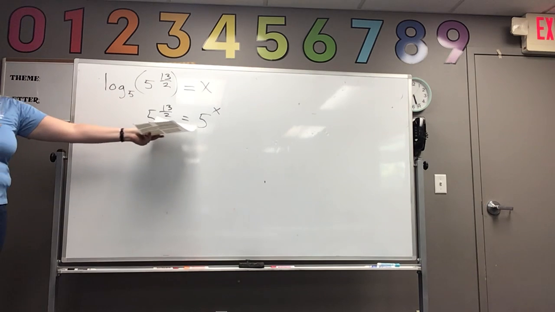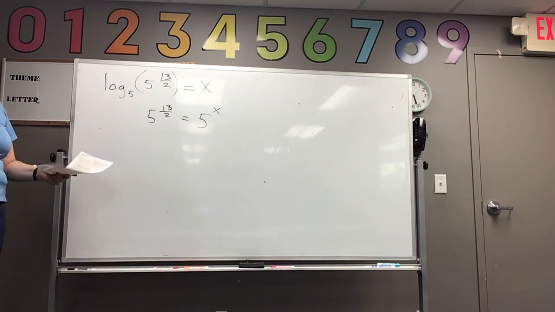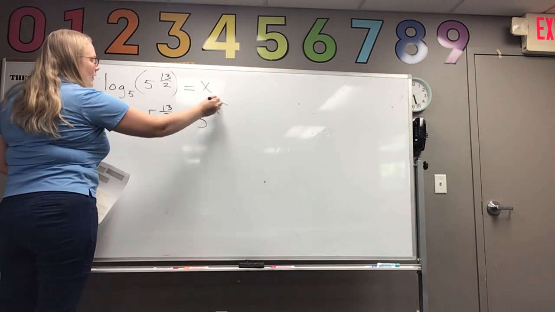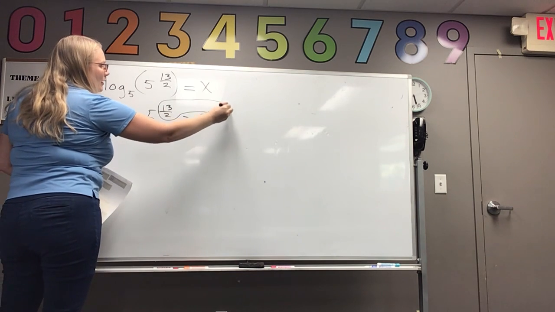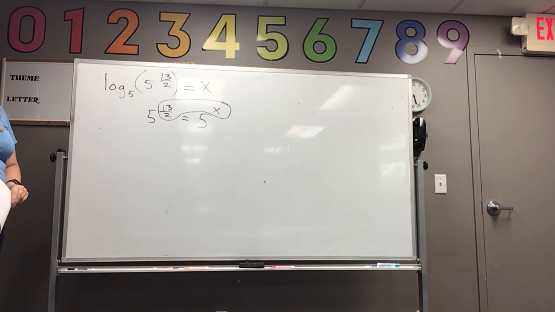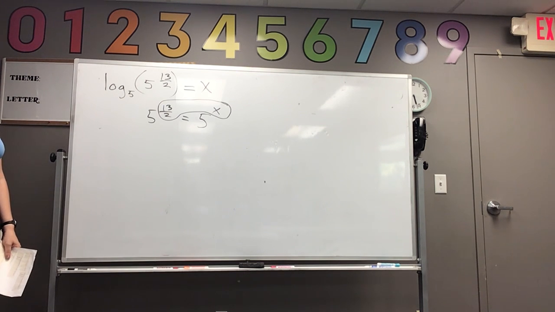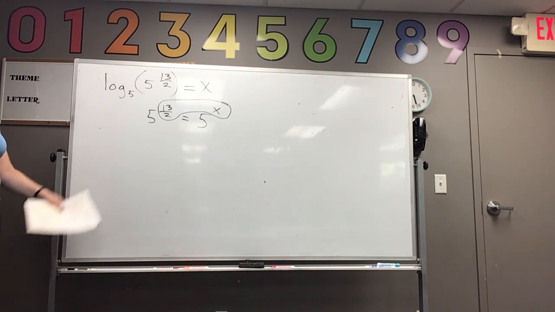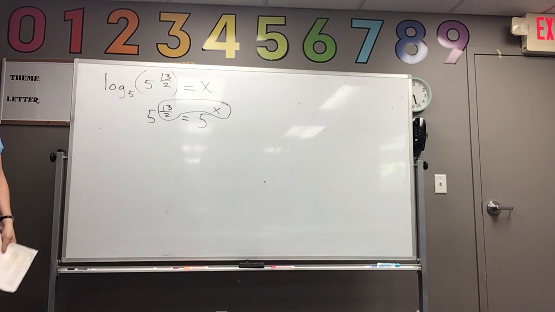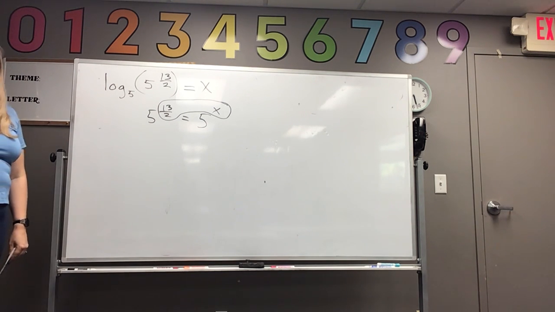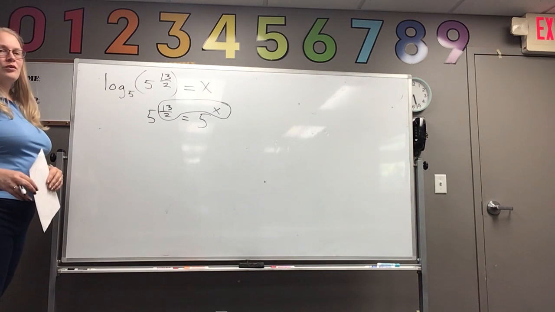If these bottoms are the exact same, then the tops get to be the exact same. And so x just equals 13 halves. It looks scary because it's in the logarithm. Ooh, logarithms. No, they're just testing your familiarity.